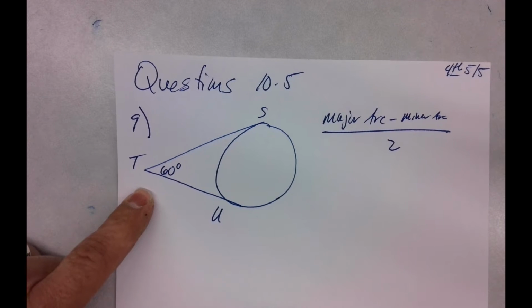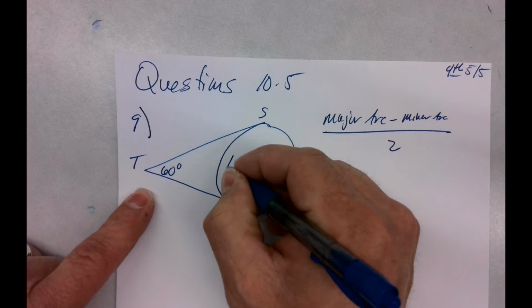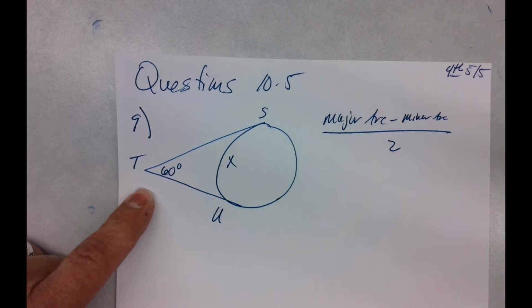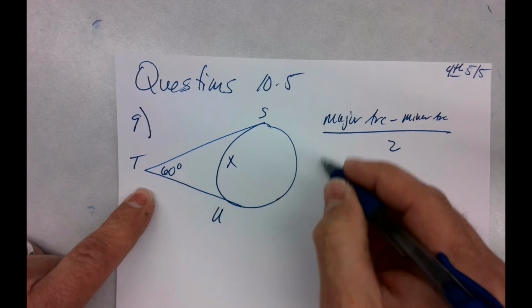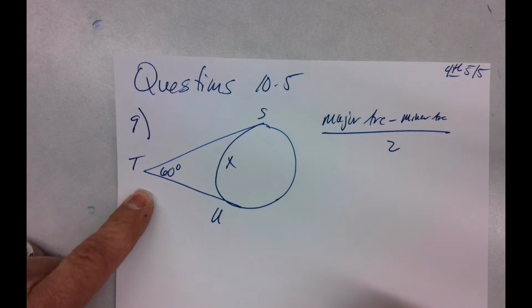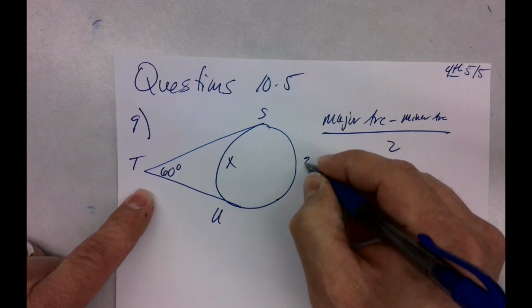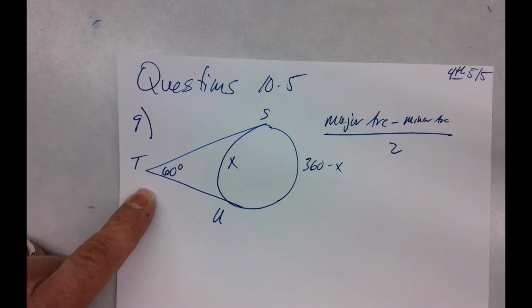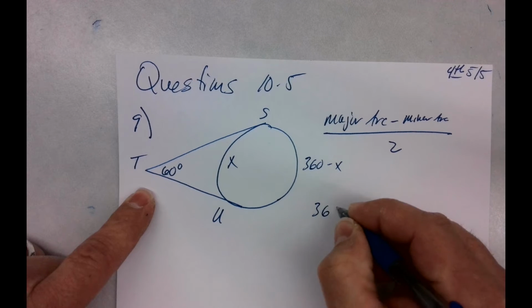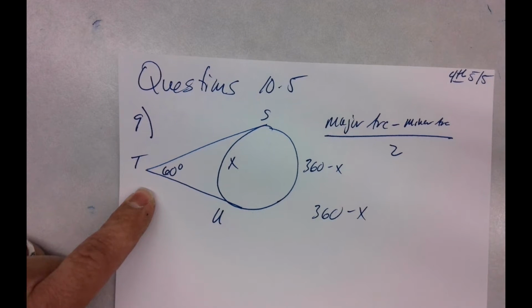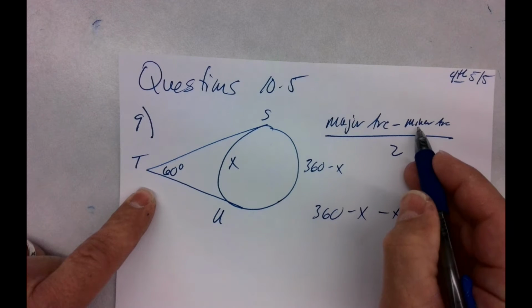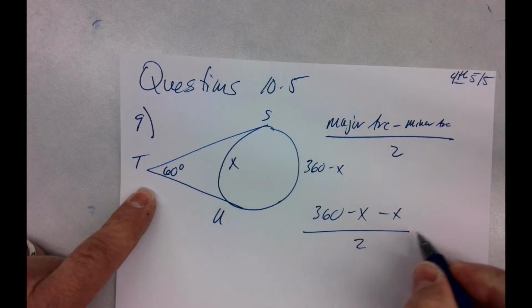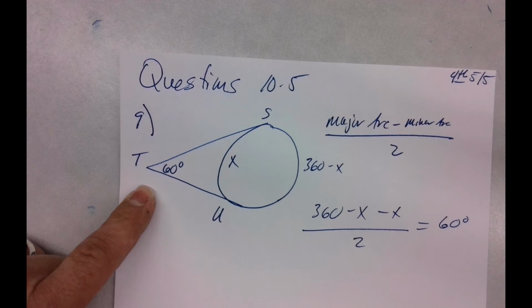But let's say SU then is X. So I don't know it, right? Well, what is this part of it going to be? 360 minus X, isn't it? So I'm going to have 360 minus X, because I subtract, divided by 2 has got to equal 60.